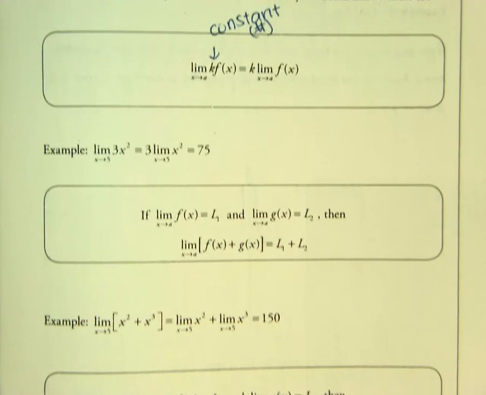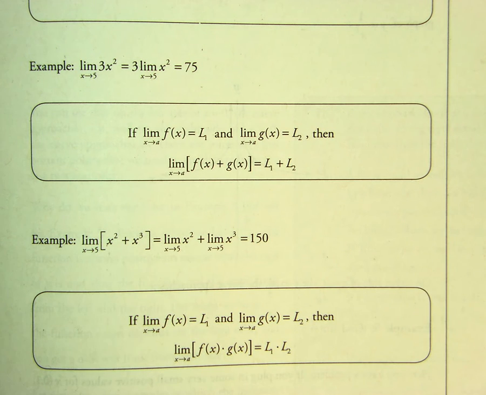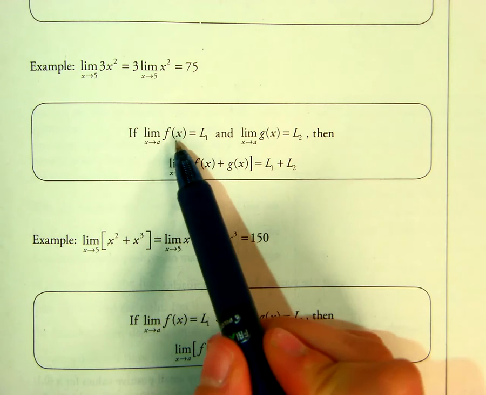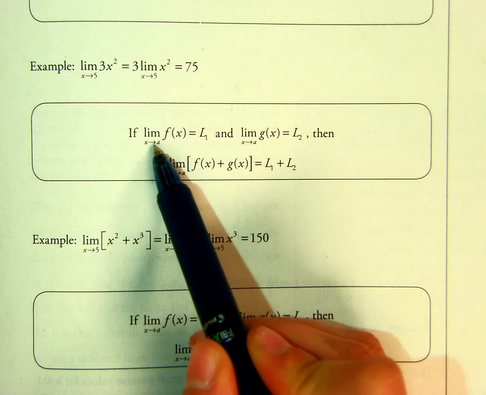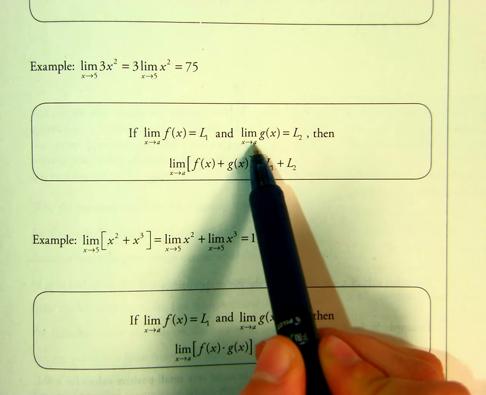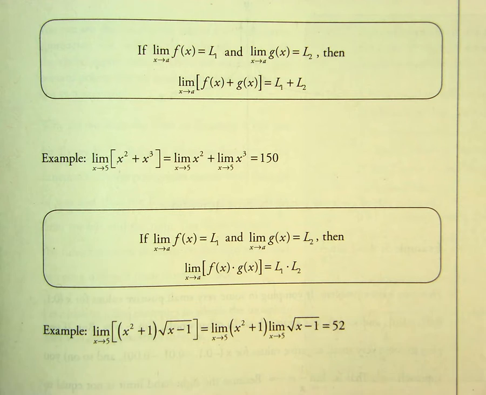Another rule is, let's say we've got a binomial, which means there are 2 terms, or a polynomial, which means there are 2 or more terms. Then we can split them up into different functions. If it's still x approaching a certain number, then we can just break it up. So say we've got f of x plus g of x.